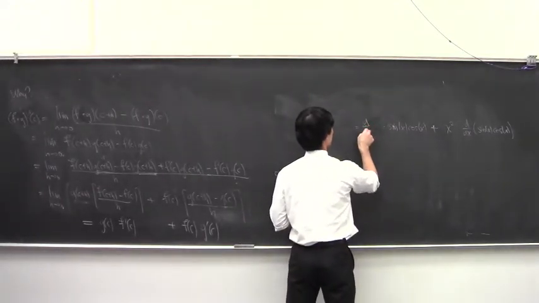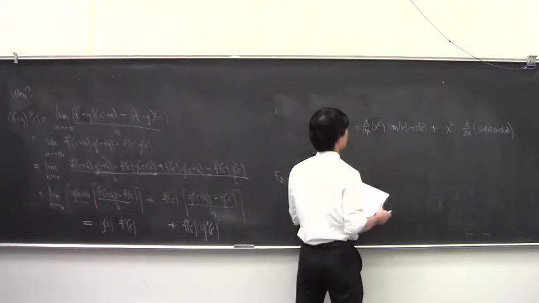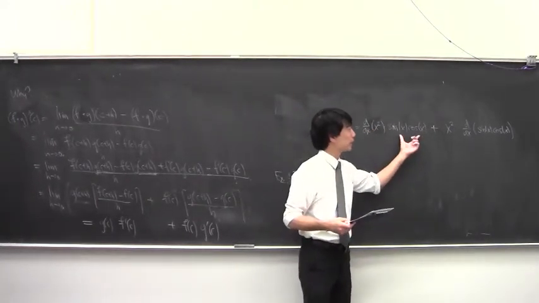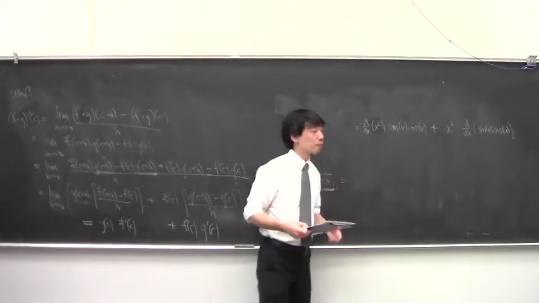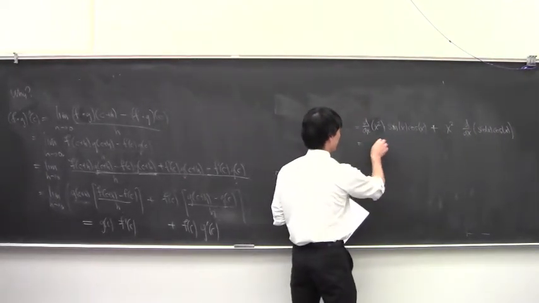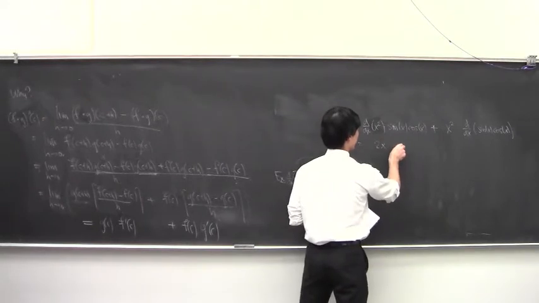So d/dx of x squared, the derivative of the first guy times the second guy, plus the first guy times the derivative of the second guy. By the power rule, you know it's 2x.